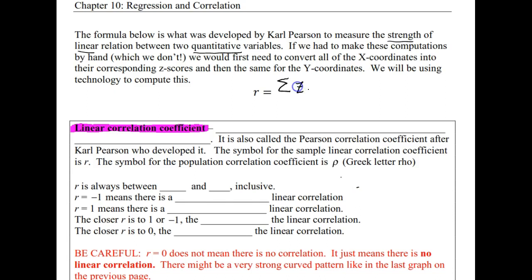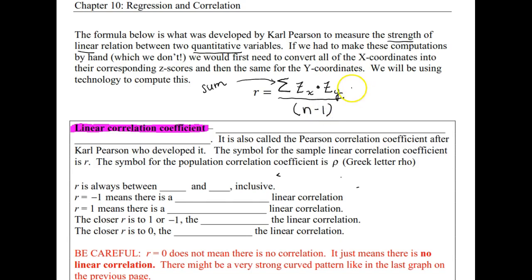So for each ordered pair, we get its z-score for the x-coordinate, and we would multiply by the z-score of the corresponding y-coordinate. And again, in stats, that big sigma means to add them up, to sum them up. So we'd find all these products, we would add all those up, and then we would divide by little n minus 1.